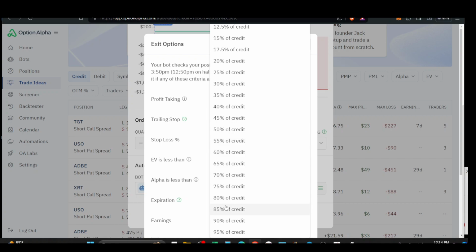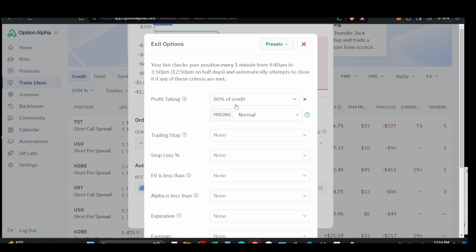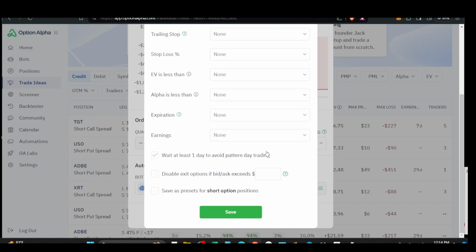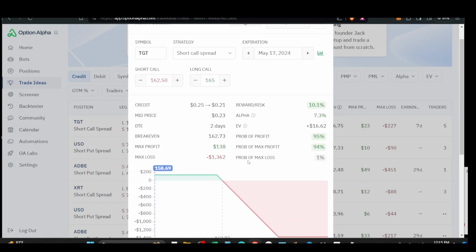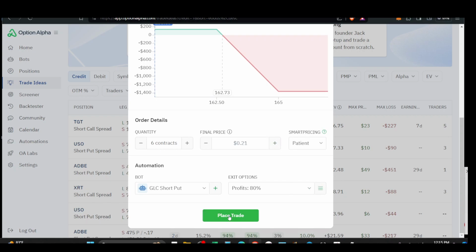So let's say I get off at 80% of the profit and I click save. So now I'm checking again 5 contracts. Maybe I can use 6 contracts. So it's 138 and probability of profit is really high. Maximum loss, of course, it's 1,300. So let's place the trade.